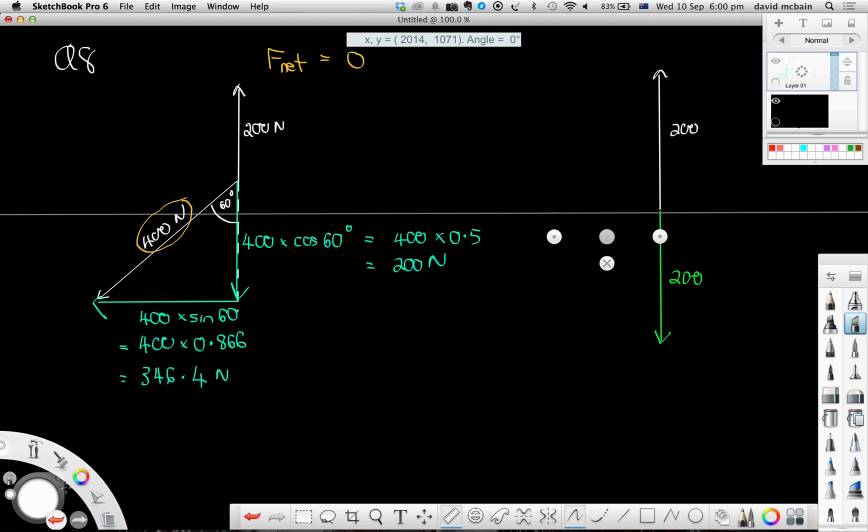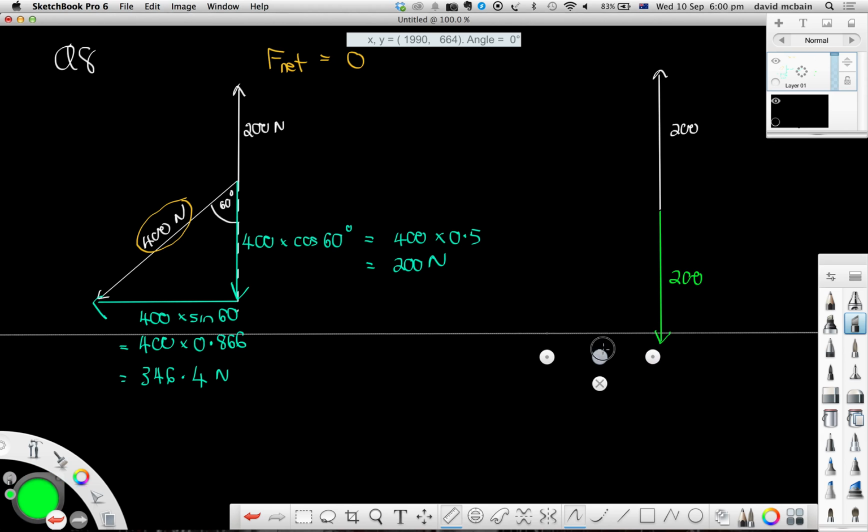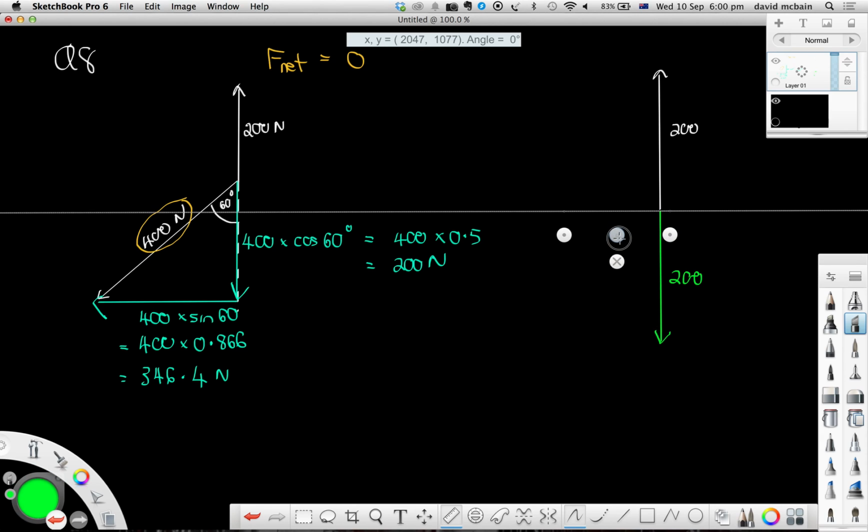Now, I also know that there is a component acting this way, which is 346.4. Now I could draw it there, I could draw it there, it doesn't matter, but I'm going to draw it up here where they all meet.